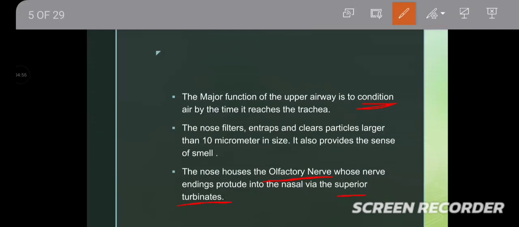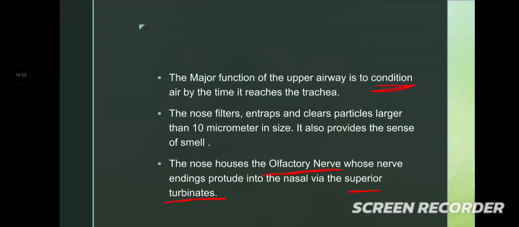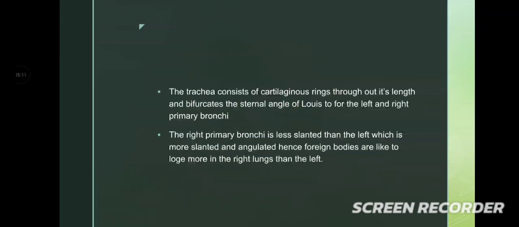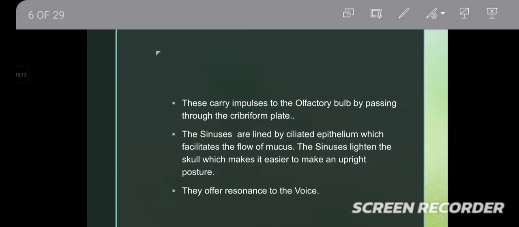That's why you find these nerve endings. These nerve endings carry impulses to the olfactory bulb by passing through the cribriform plate.